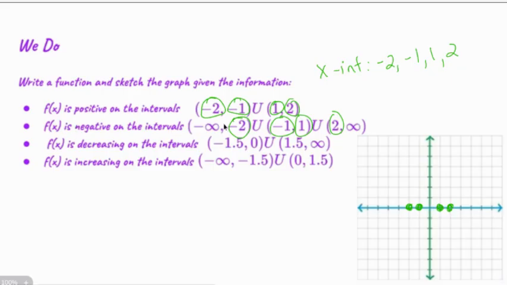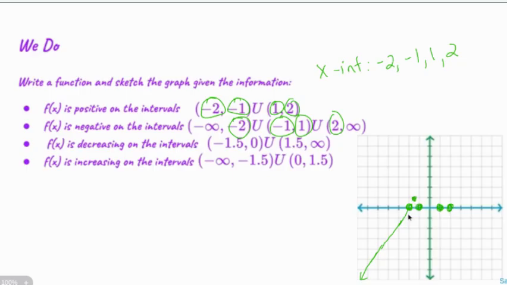So -infinity to -2 is negative. So we're down here, and I'm guessing we are decreasing, yeah, or increasing. So we have an end behavior that looks like that. And then we go to about -1.5. I'll go right there.